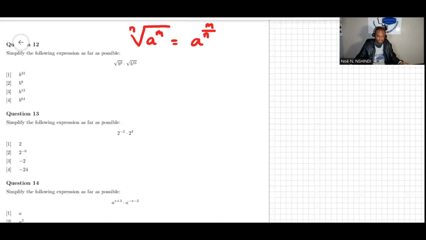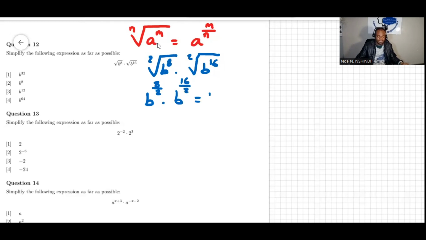So because we have square roots of b to the power of 8, it means the index is 2, times square root of b to the power of 16. It means the index here is still 2. Now applying the formula above in red, this will be b to the power of 8 over 2 multiplied by b to the power of 16 over 2.